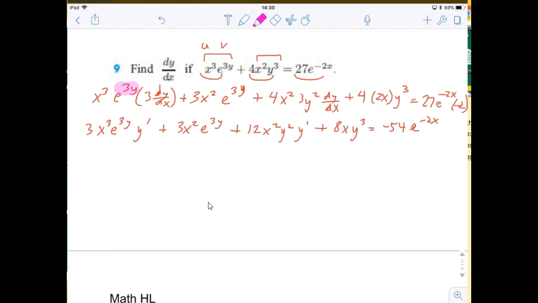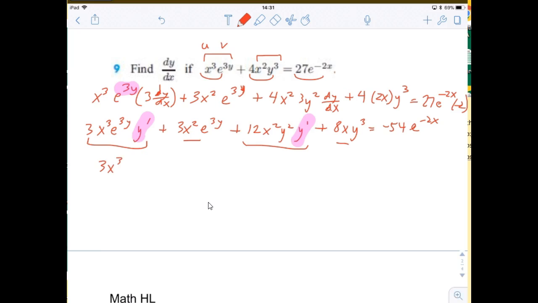Now what we want to do is we want to take anything that has dy dx in it, or y dash, and we want to group it together on the left side, and then we put everything else on the right side so we can isolate dy dx. So we're going to put these two terms on the left, or we're going to leave them on the left, and then we're going to move these two terms to the right. So with these two terms that are going to stay on the left, we can factor out the y dash.